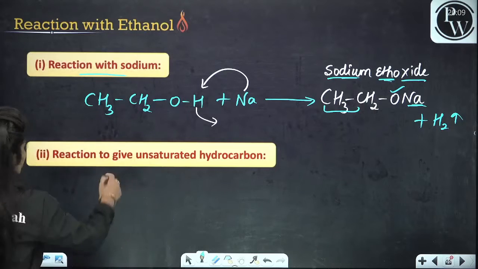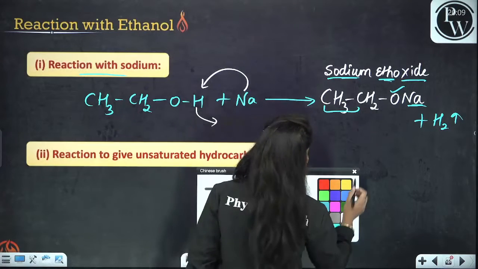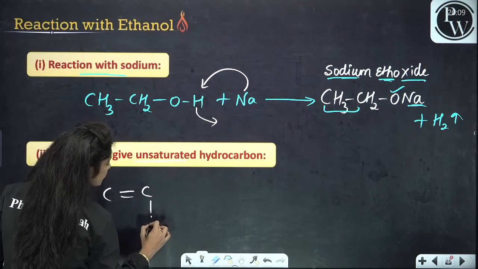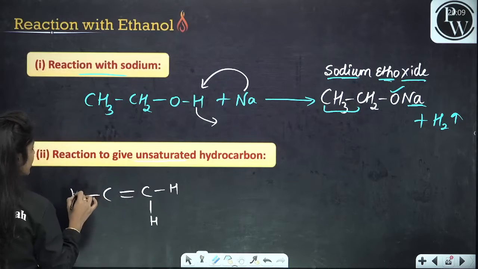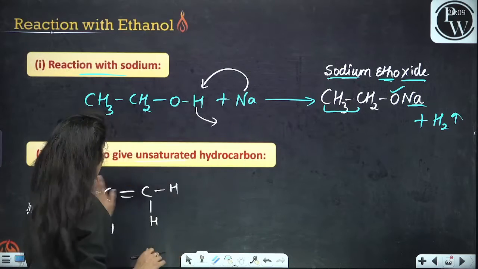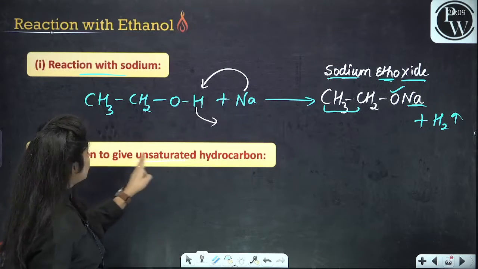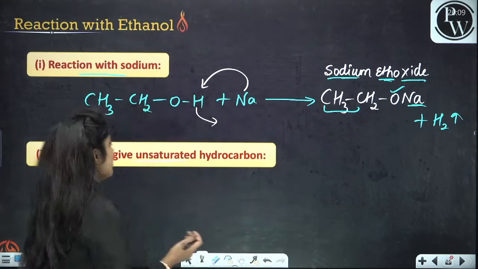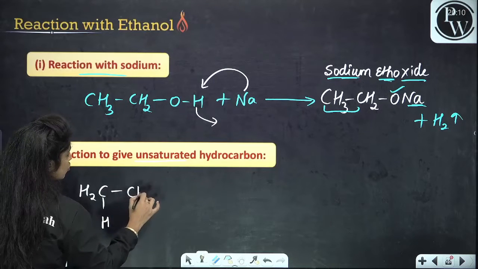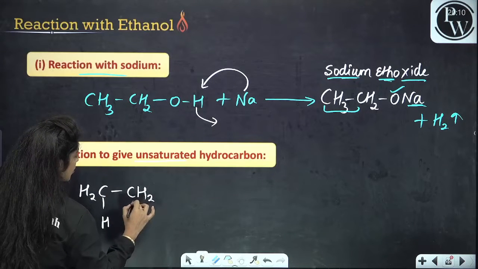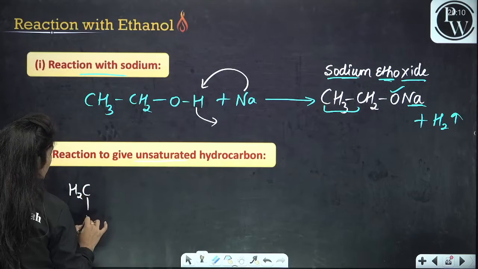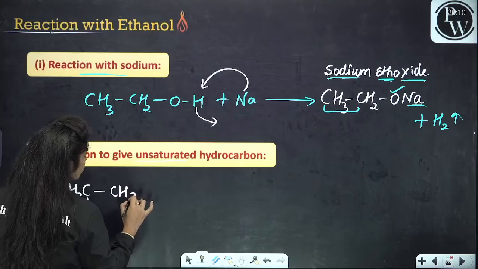So now we have the reaction to give unsaturated hydrocarbon, of course. Unsaturated. Keep this in mind. So this is your CH3CH2OH.